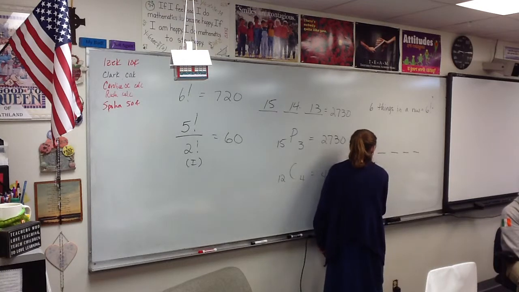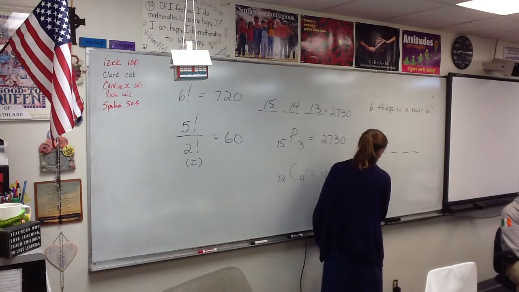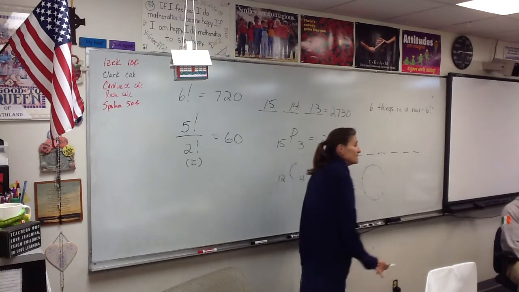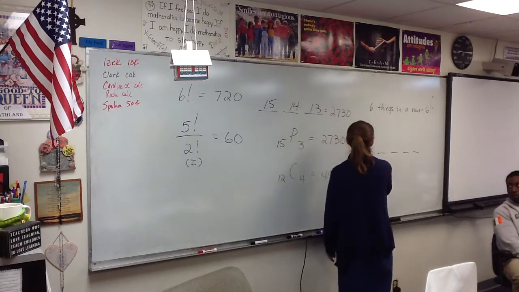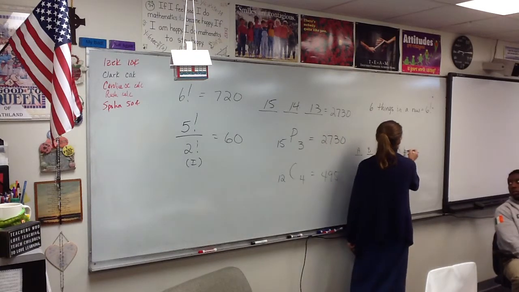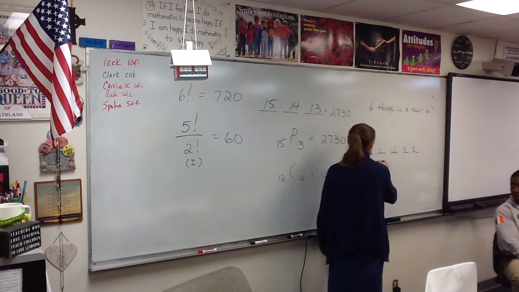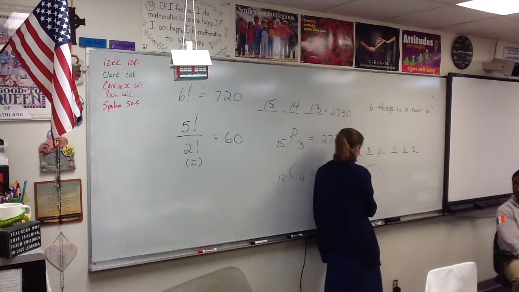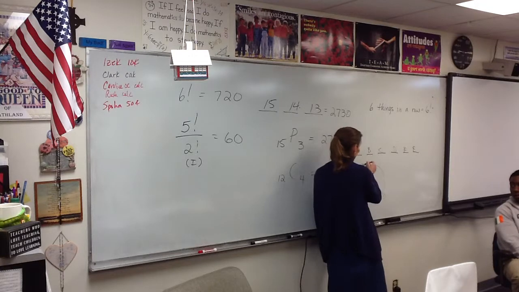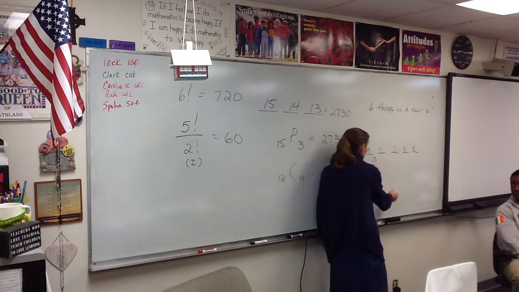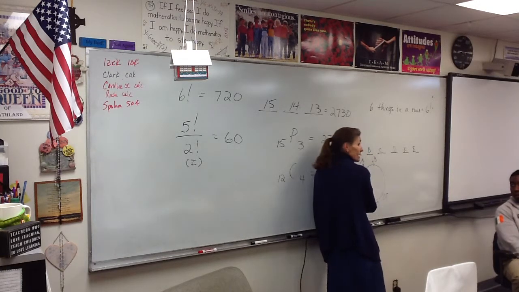Here are your 6 people. There is no beginning and no end, right? So if we had people A, B, C, D, E, F, it wouldn't matter where we put A. I could put A here, and there's B, C, D, E, F. But we could also put A here, and that would be the same arrangement, right?